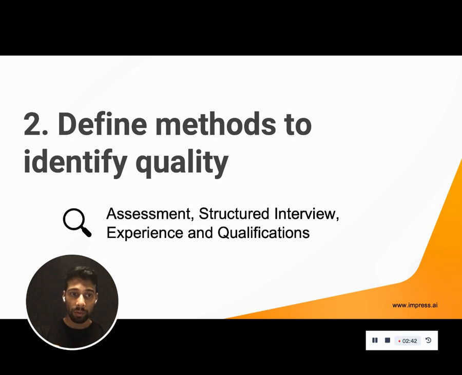Interviews can be behavioral or situational. Behavioral interviews mostly focus on actual events in the candidate's career. Situational interviews focus on hypothetical situations that may happen on the actual job in an attempt to understand the candidate's reaction. Experience and qualifications can both be considered as proxies for skills and knowledge, but are not by themselves enough.